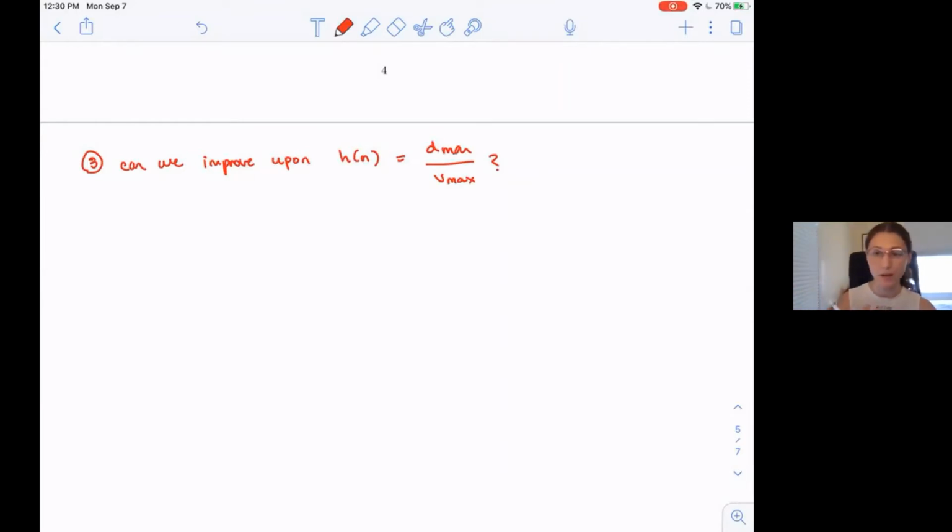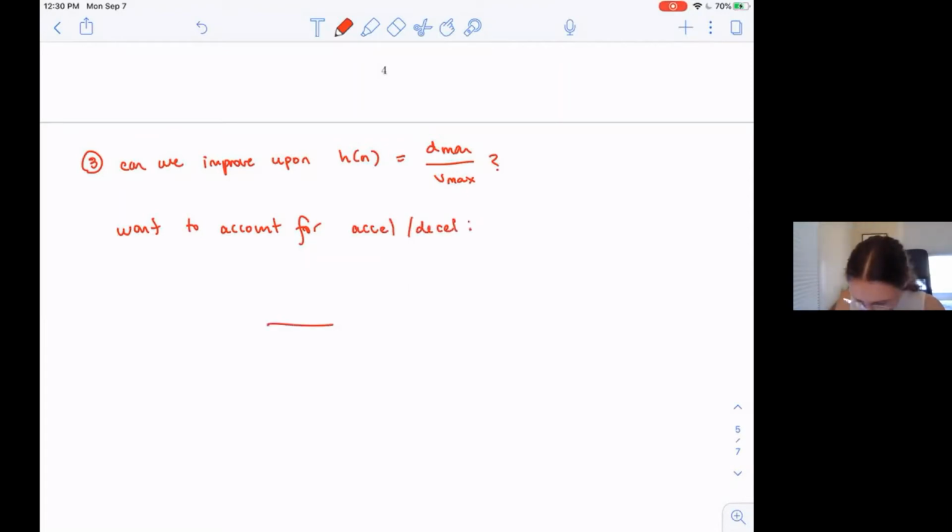That's going to help us take one step closer to modeling the exact dynamics of our real car-like agent. And that will mean that our heuristic is a little bit more complex, a little bit closer to h*. So now we want to account for acceleration and deceleration.